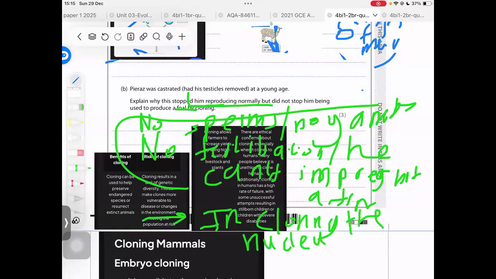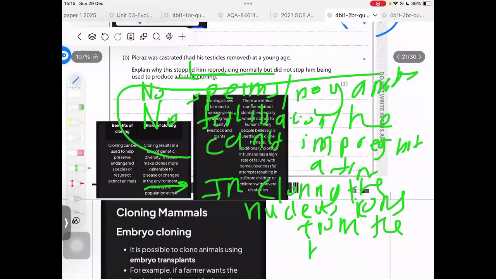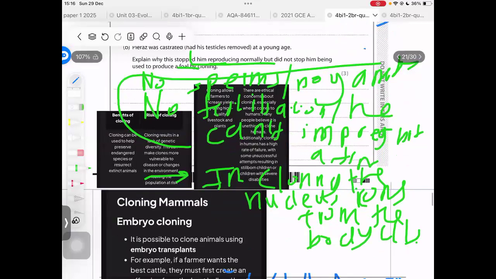So cloning is not affected by the removal of the testicles. The nucleus that we are using in cloning is not from the testicles, it comes from the body cells. So that is the answer. You have 3 points, and you have to write all these 3 points to be awarded the 3 marks.